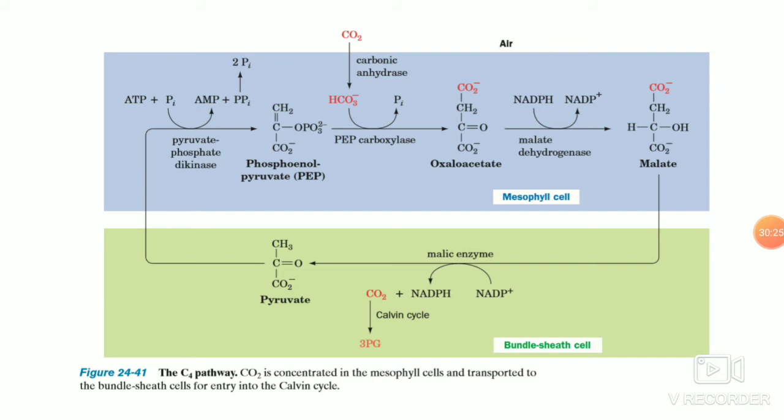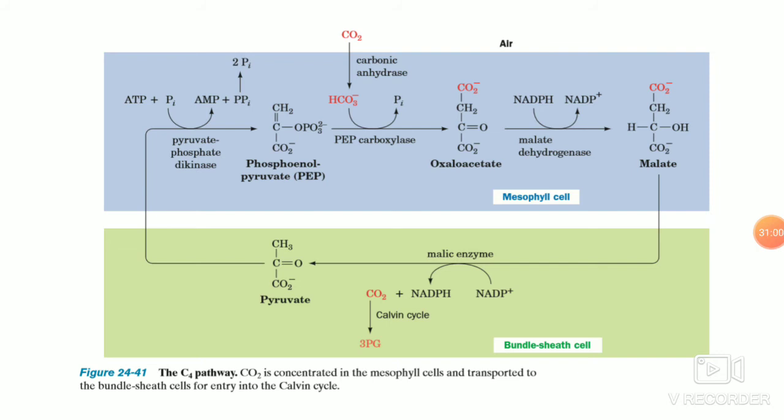The carbon dioxide, which has been concentrated by this process, enters the Calvin cycle in bundle sheath cells. The pyruvate is returned to the mesophyll cell where it is phosphorylated to again form phosphoenolpyruvate. The enzyme that mediates this reaction is pyruvate phosphate dikinase. This enzyme has an unusual action of activating a phosphate group through the hydrolysis of ATP to form AMP and pyrophosphate.